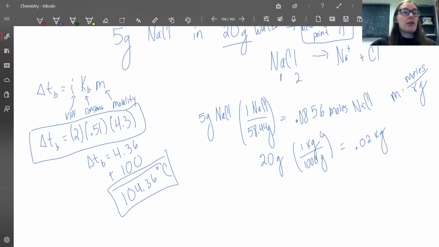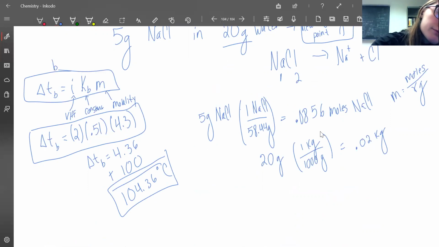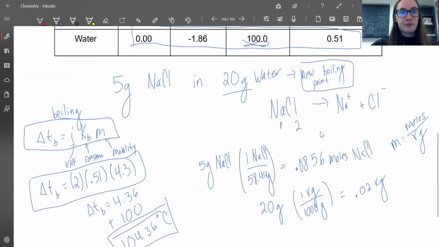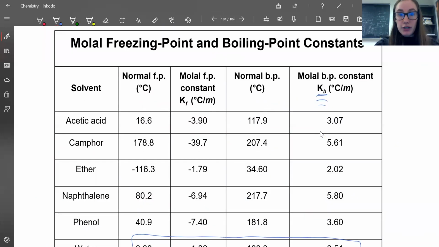Okay. Now there is one more equation. Again, this was specifically for boiling. If you look, there is also data for freezing point up here.